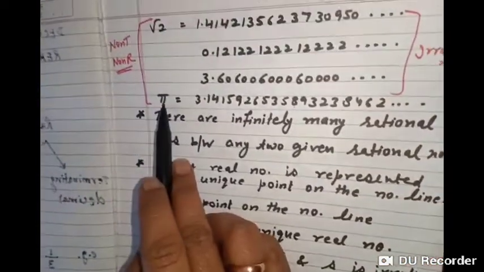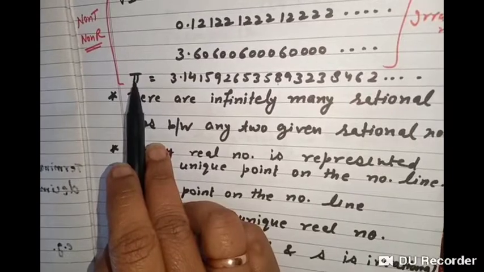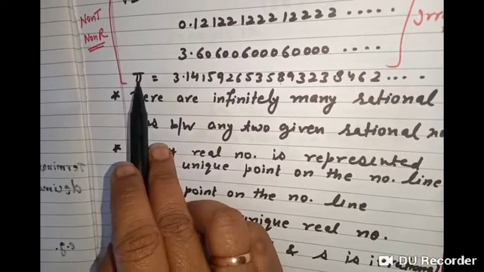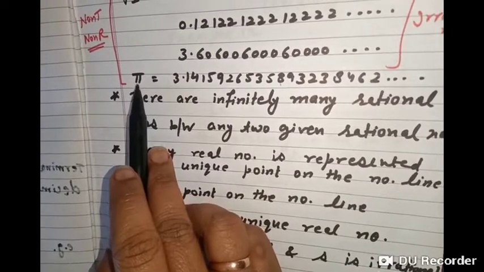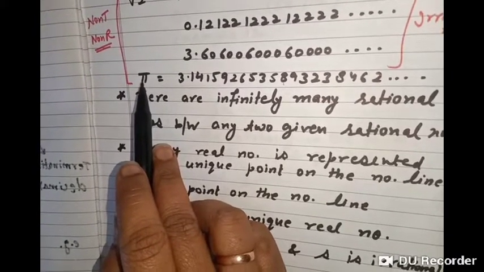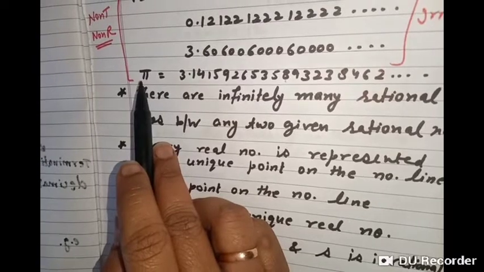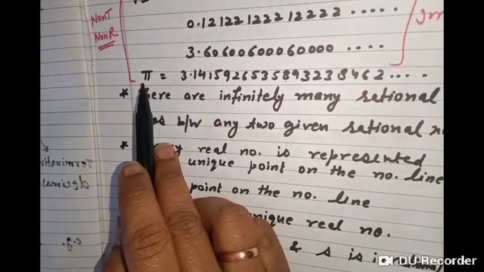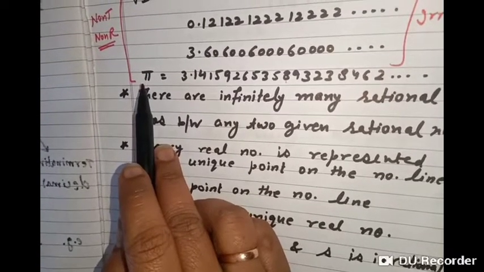Pi is also irrational. Now the question comes in your mind: how is pi irrational, because when we calculate the area or circumference of a circle, we take pi as 22/7, and 22/7 is a rational number. You can check it on your calculator also.